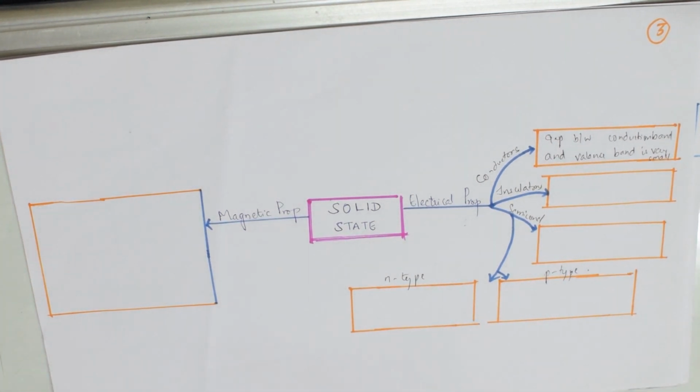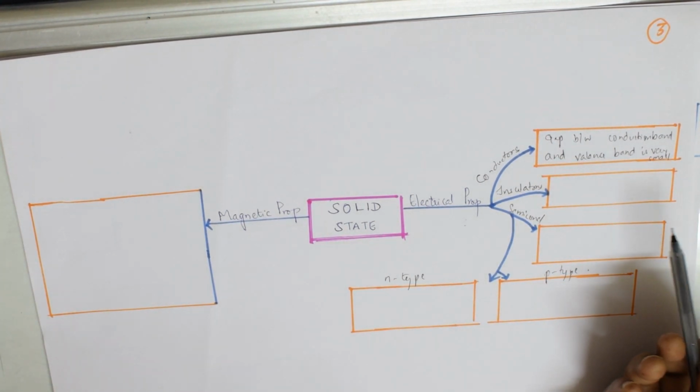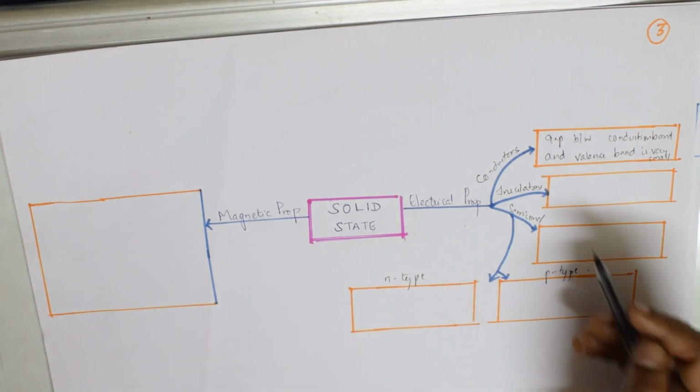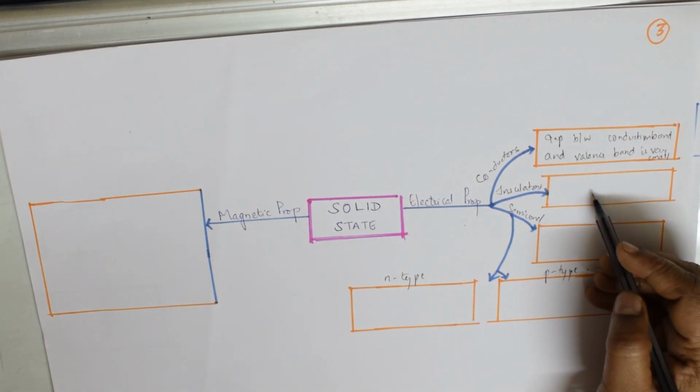If I have to take the examples of the conductors, aluminium wires, aluminium basically, yes, so it conducts current, that's why we are using it in the form of wires. Copper, yes.